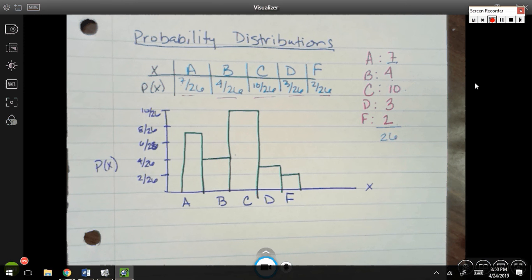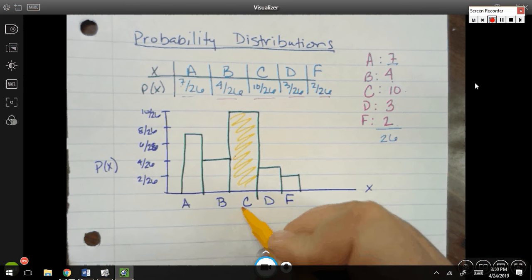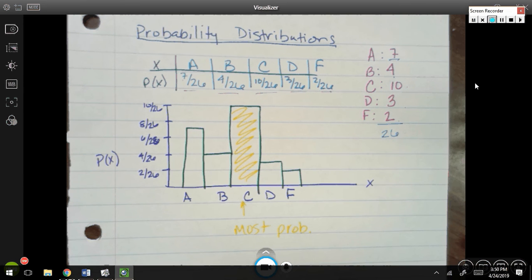Looking here, you can tell that the most probable grade is a C, right? So the most probable is a C, which we would expect if this was really a true set of data for the test, right there in the middle. A little more A's than there are B's, which is pretty good. And you can also look here and tell what's your probability.